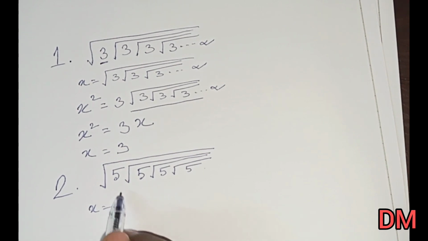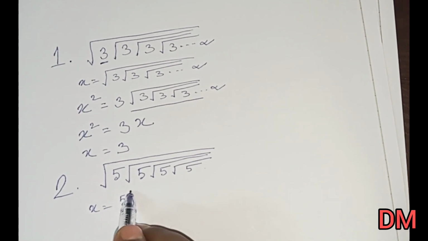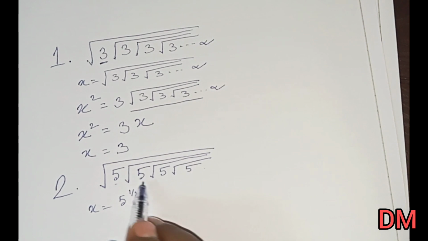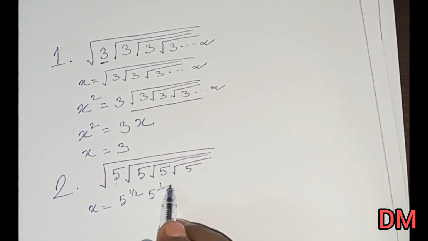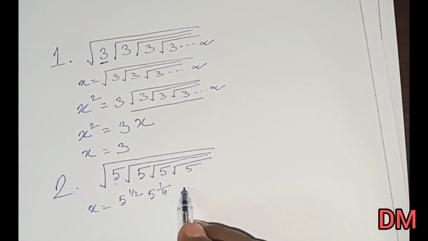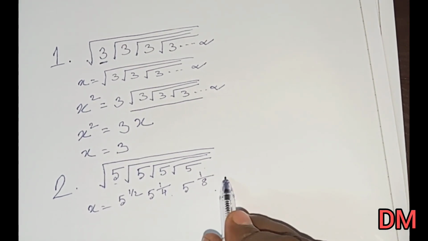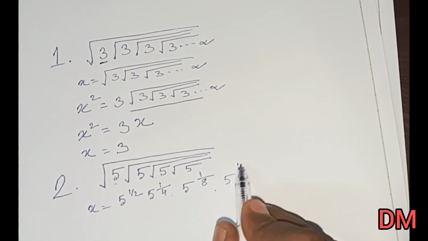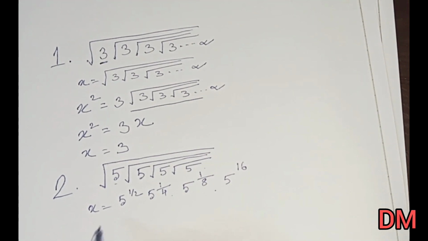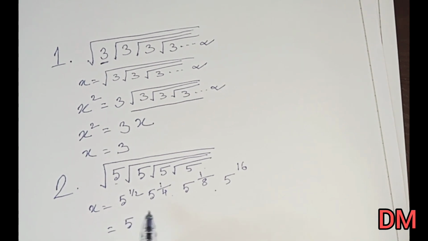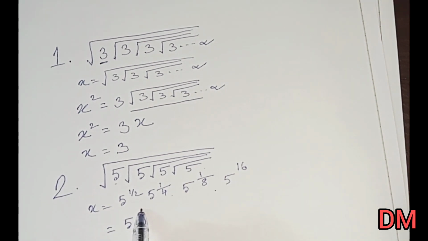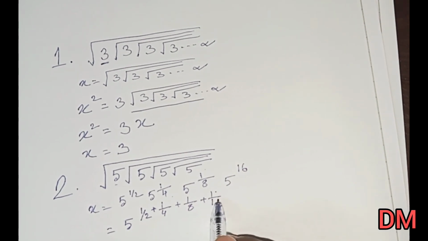x equals this one, that means 5 to the power half for the first one. For the second one, 5 to the power 1 by 4, into 5 to the power 1 by 8, into 5 to the power 1 by 16. Okay, now you solve. So here it is 5 and you have to add all this: half plus 1 by 4 plus 1 by 8 plus 1 by 16.